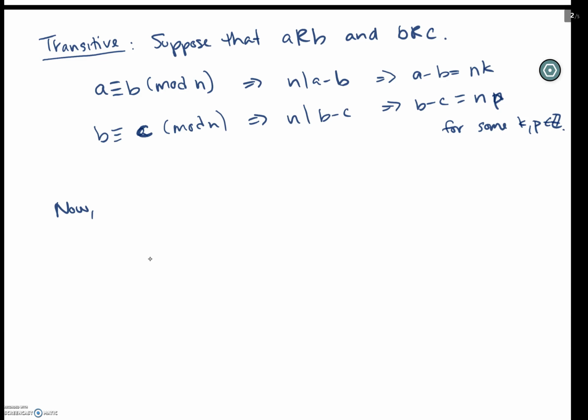Now, if we take those two terms and add them together, a minus b plus b minus c, well, that would have to be nk plus np.